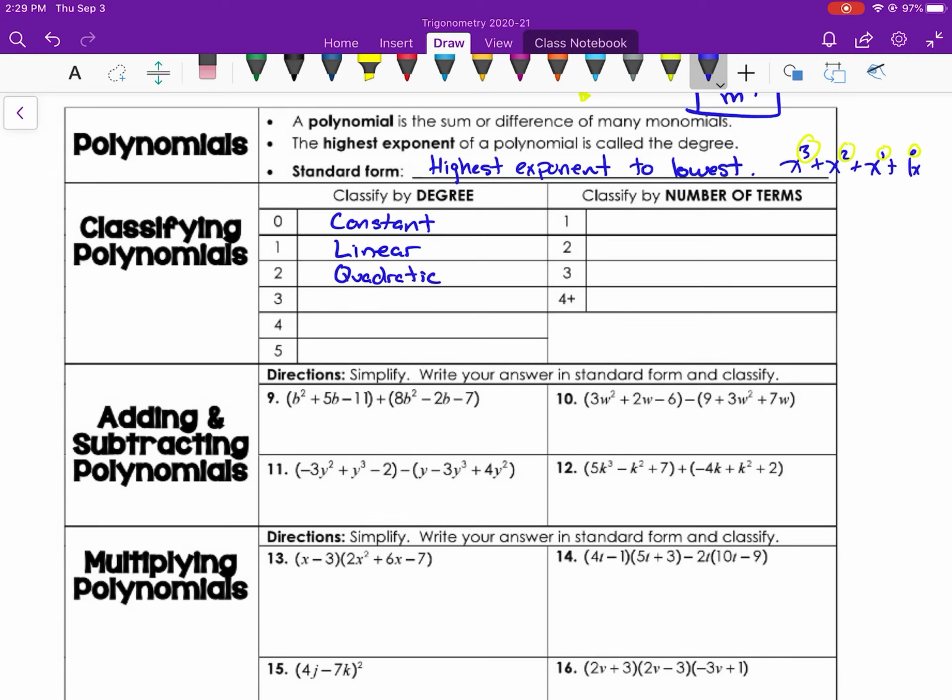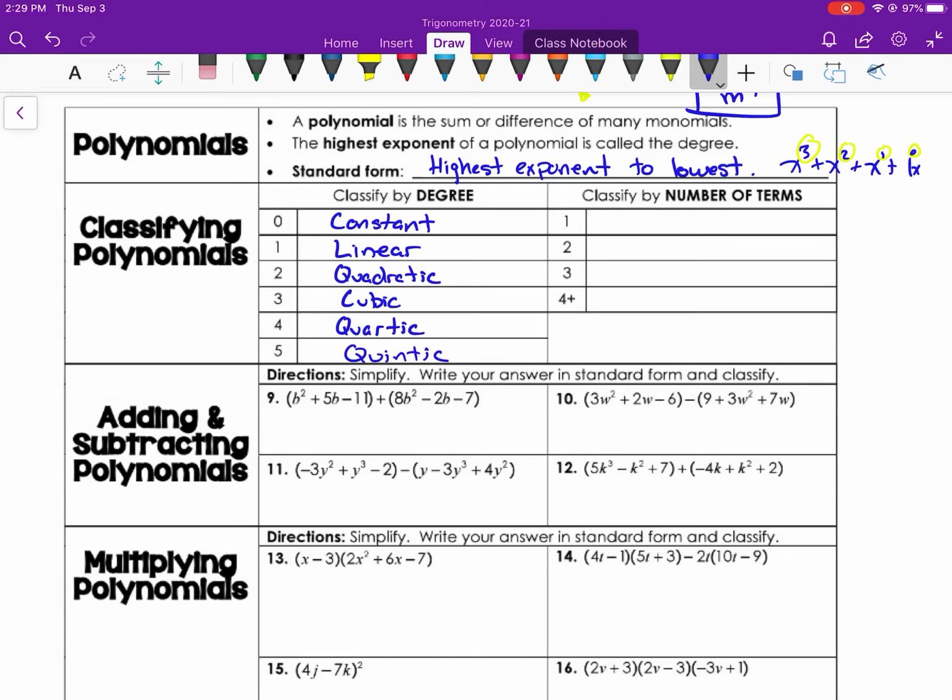And then in Algebra 2, you got into 3, 4, and 5 powers. So x cubed we would call cubic, x to the 4th is quartic, and x to the 5th would be considered quintic.